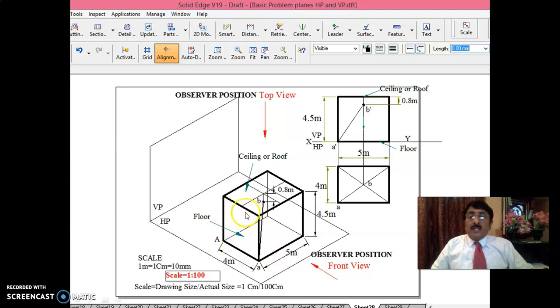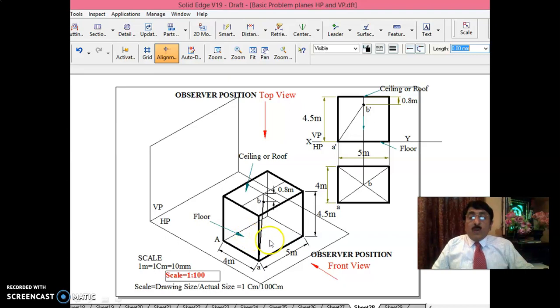It is located in the left wall, 1 meter from the front wall. So the switch is kept on the left wall, situated somewhere here.